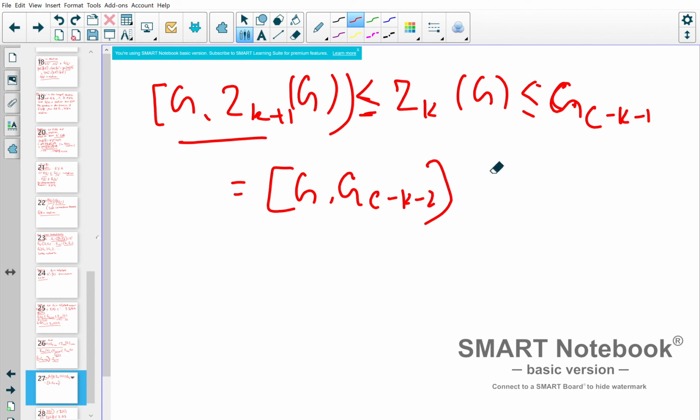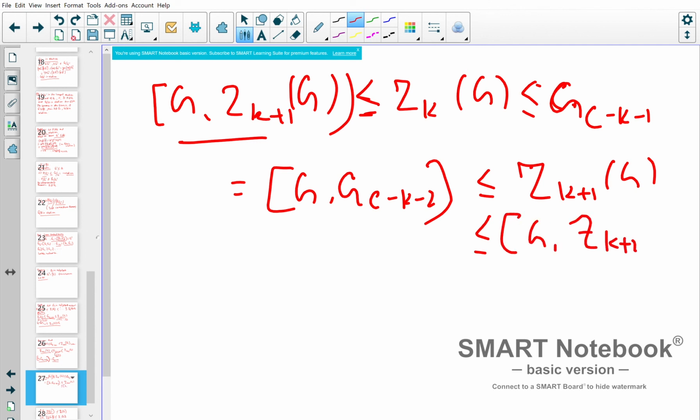And then this is also a subgroup of, no, I think the other way. So Z_{K+1} of G is inside the commutator of G with Z_{K+2} of G.